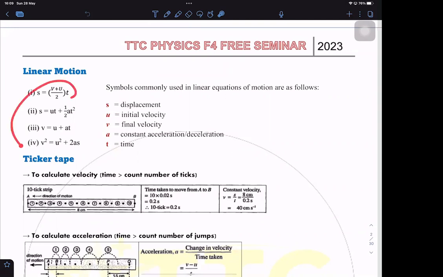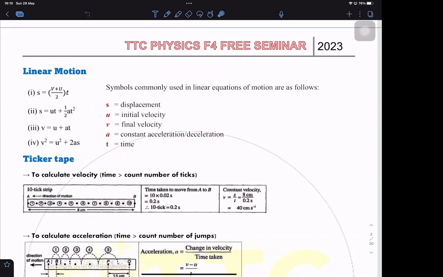These 4 equations here are your SUVAT equations, and you realize that each of them is actually missing one of the variables. Like this one is missing an A, this one is missing a V, this one missing an S, this one missing a T. So depending on what information you have, you need to find the correct equation to use.